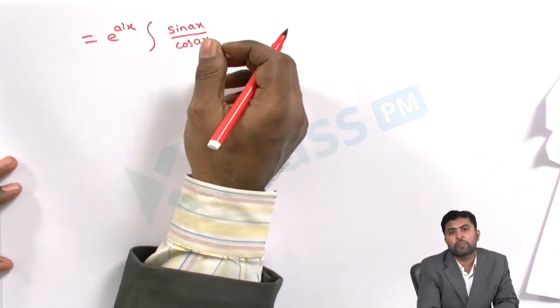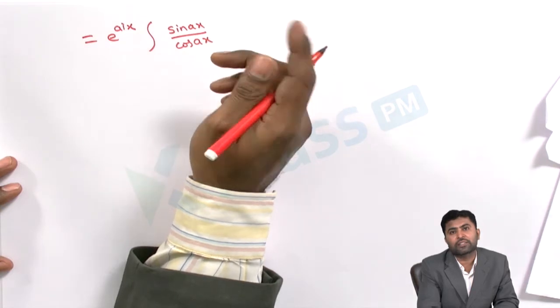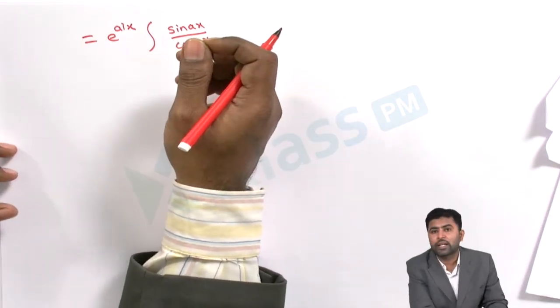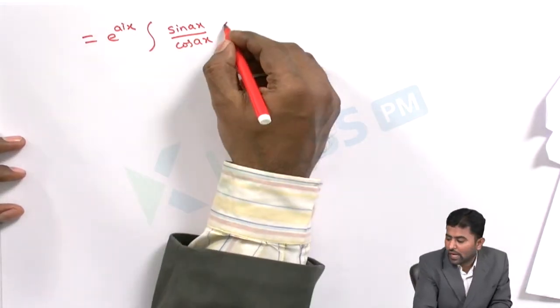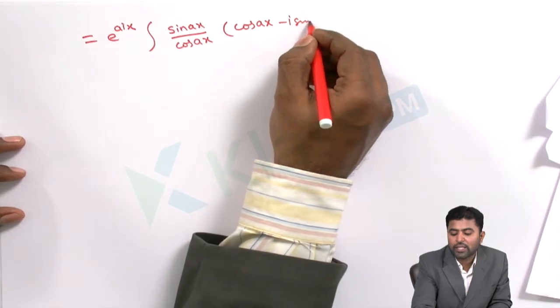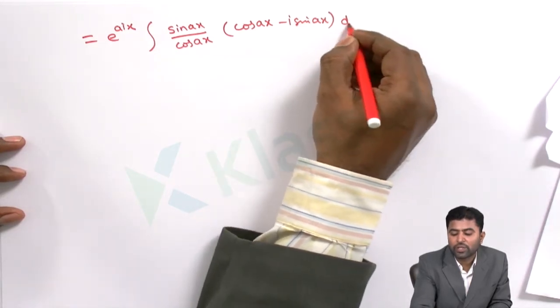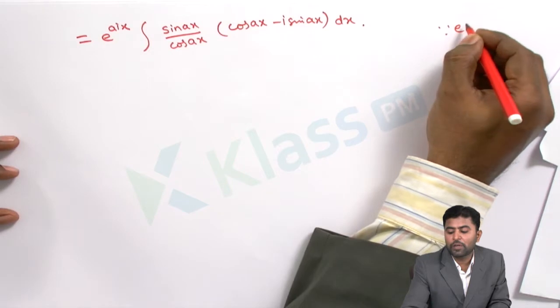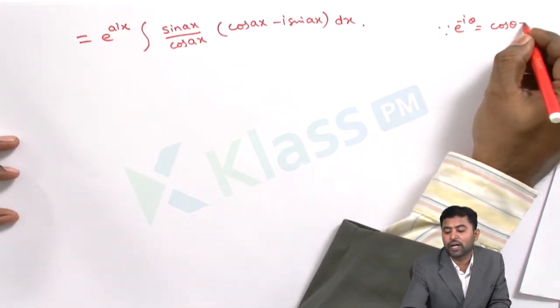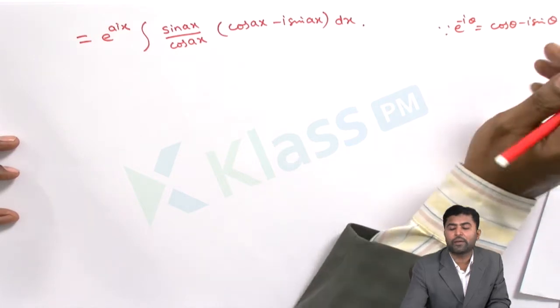We know that e power i theta is cos theta plus i sin theta, so I'll get the terms in terms of cos and sin. So I'll write that as cos ax minus i sin ax into dx, since e power minus i theta is cos theta minus i sin theta.